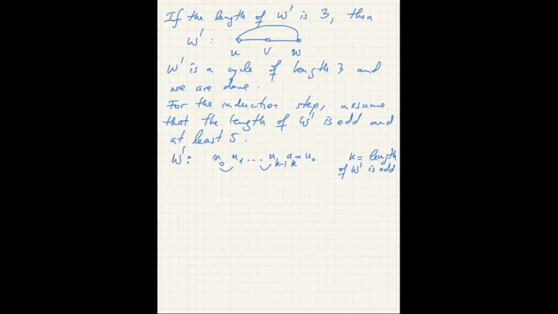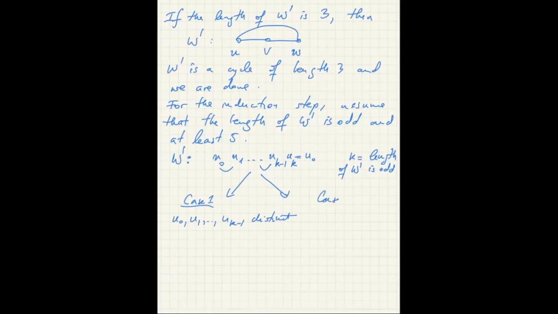Now, we have this W prime, and we have 2 cases. In case 1, it's kind of our lucky case, U0, U1, all the way up to UK minus 1 are distinct, meaning they're pairwise distinct, none 2 of them are equal.